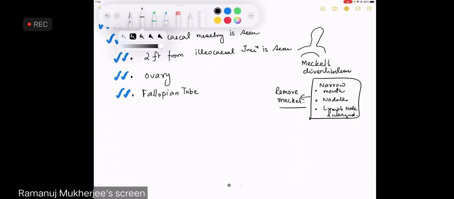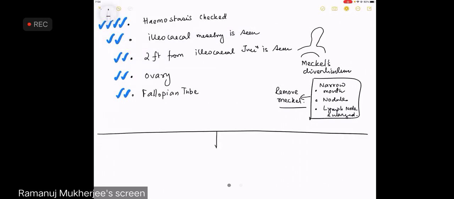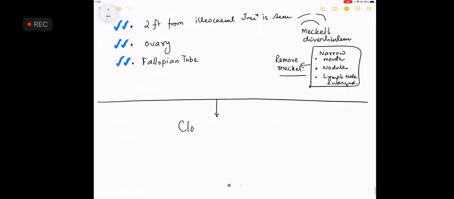Okay, right. Chalo. After this, come to the closure. The closure is done in 2 layers. Layer 1, internal oblique and transversus.